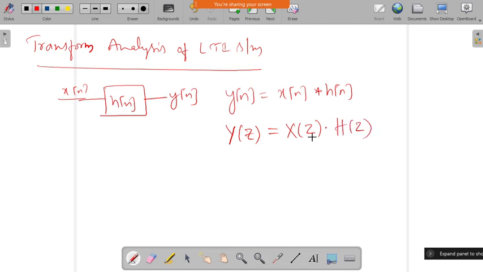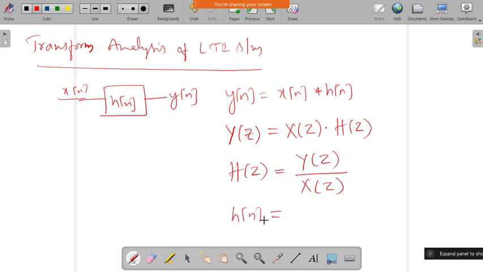Now, if I want to find out H(z), that is the impulse response of the system, then if you just divide the corresponding Z transform of the output by the input, you are going to get the transfer function of the system. Now, if I take the inverse Z transform of this, I will get the impulse response directly.